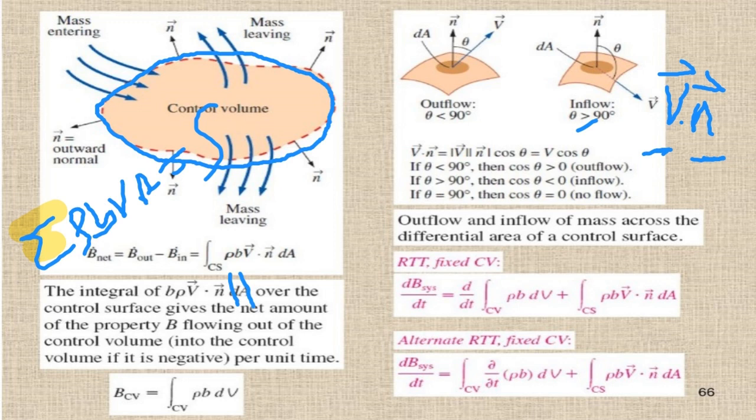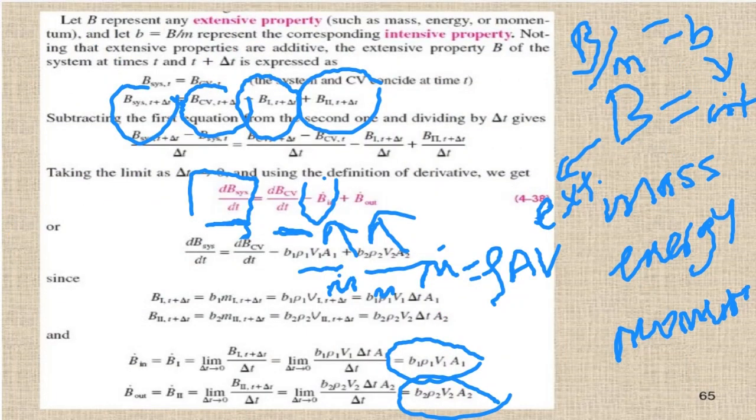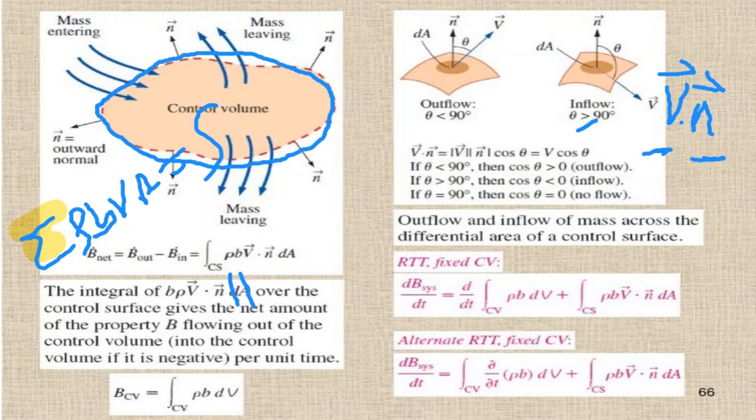So actually you have written everything to represent this, because here V and A are normal to each other. But on this boundary, to make sure that the velocity component is normal to the surface, you need to use it as V dot n.